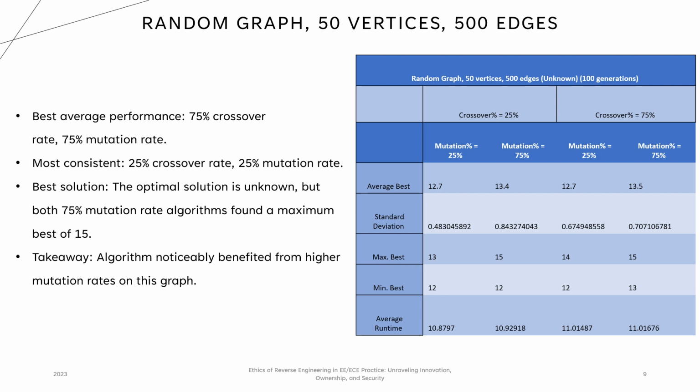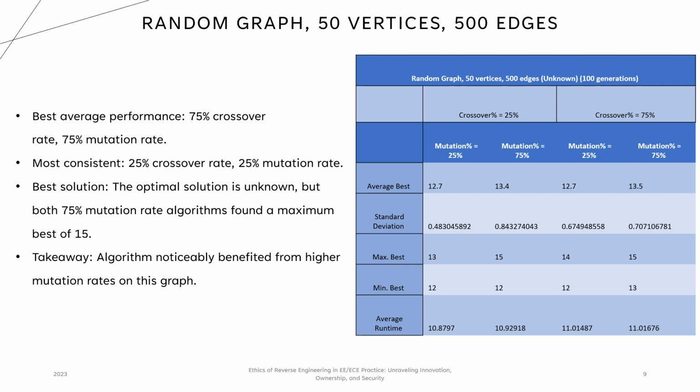So the best performance on this graph was again with the 75% crossover, 75% mutation rate algorithm. But the most consistent this time was actually the 25% algorithm. The optimal solution for all of these graphs that I generated is unknown.